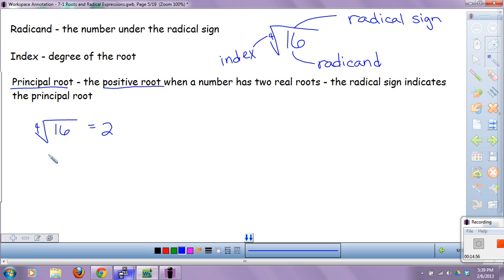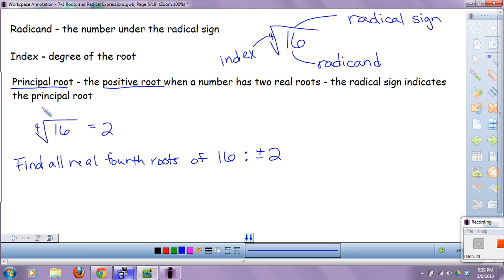Even though if you wrote find all real fourth roots of 16, that would be positive or negative 2, because negative 2 times negative 2 times negative 2 times negative 2 is also 16.